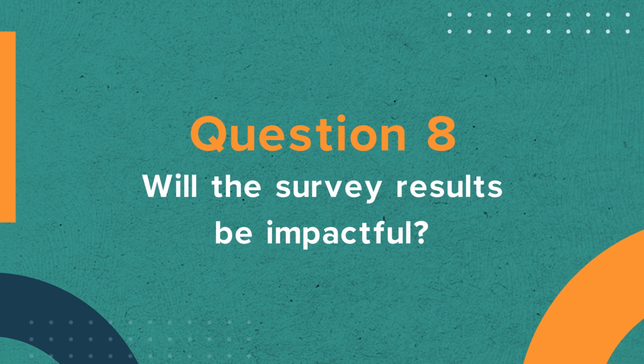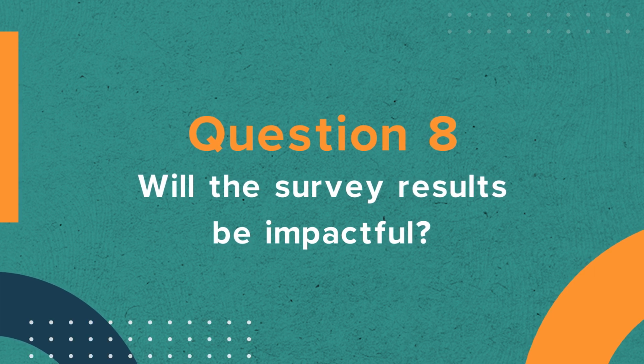Question 8. Will the survey results be impactful? Ultimately, what we all want is for all students to achieve success, and administering the right surveys can lead to a positive impact. We want to make sure that if we're collecting data, that it will be used to impact student achievement. Consider what kinds of questions will help us understand our students, staff, and community.